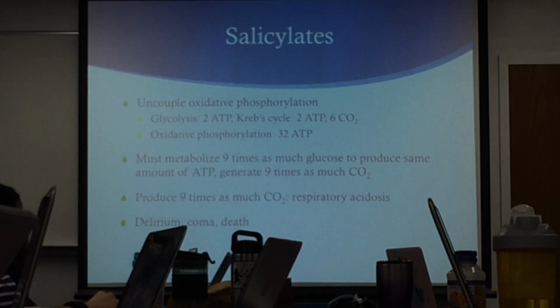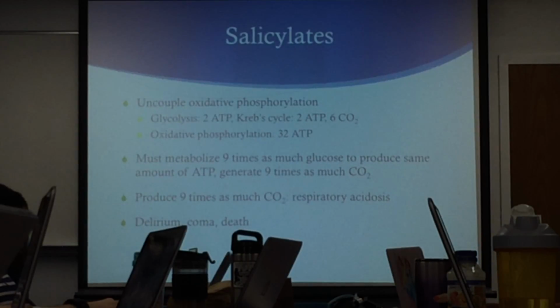But if you take oxidative phosphorylation out of the equation there, then in order to maintain energy metabolism, in order to maintain your ATP levels, you have to metabolize 9 times as much glucose, because you're only getting 4 instead of 36. Well, all the CO2 comes from glycolysis and Krebs cycle. None of it comes from oxidative phosphorylation.